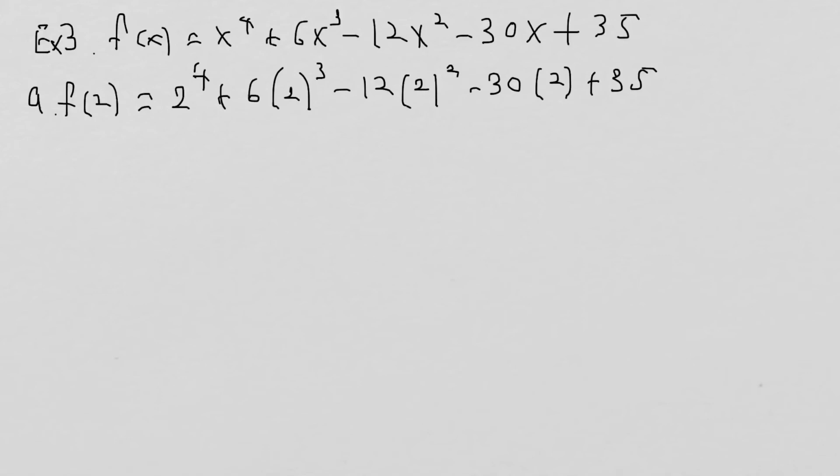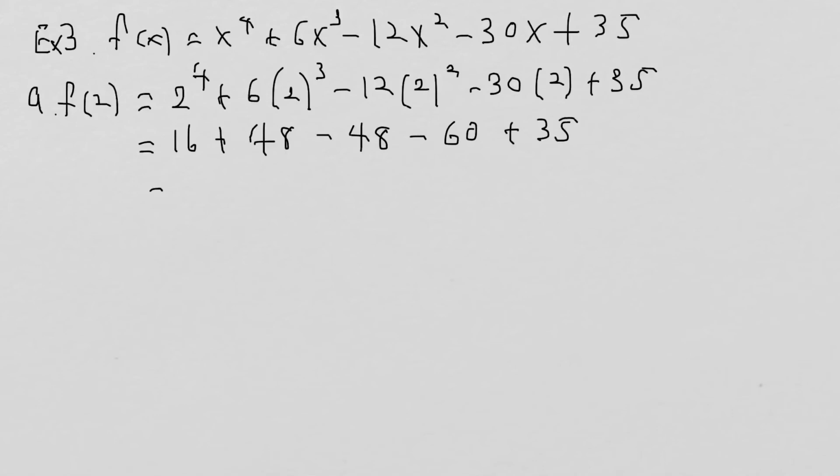This is how we evaluated, where you need to do all this algebra. 2 to the 4th exponent is 16. 6 times 8 is 48. And minus 12 times 4 is 48. And then minus 30 times 2, 60, plus 35.